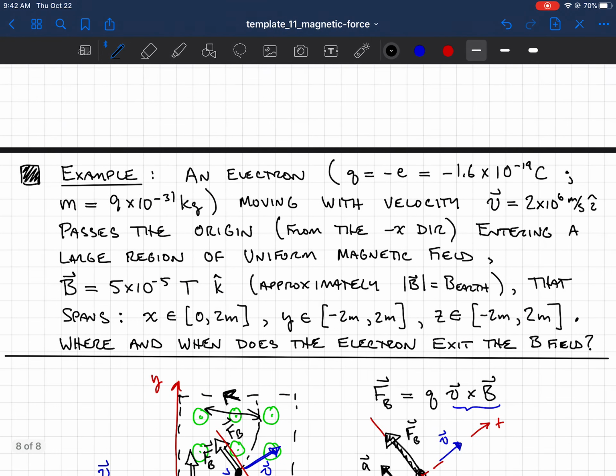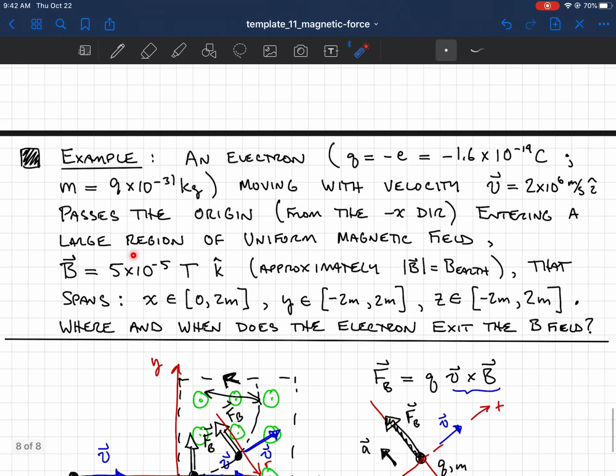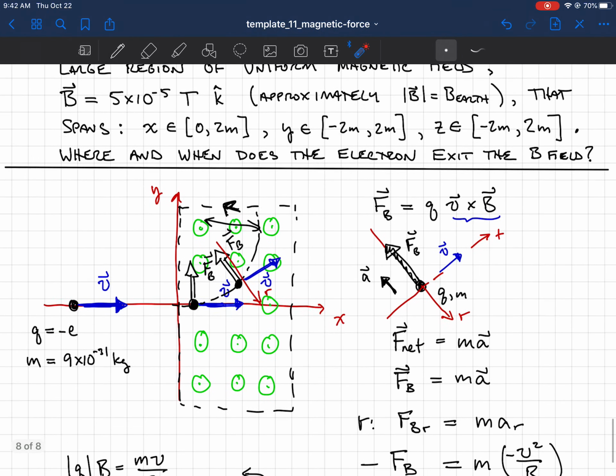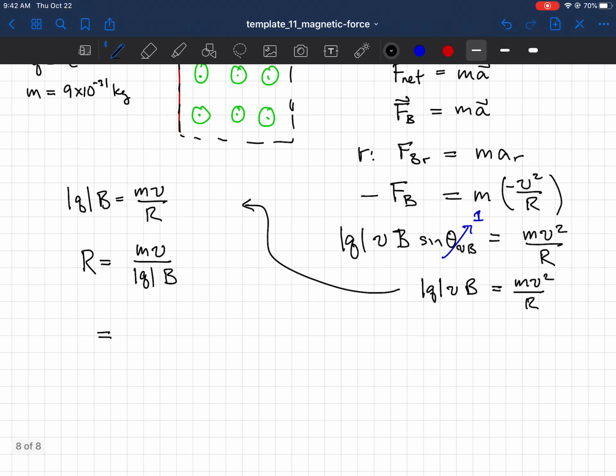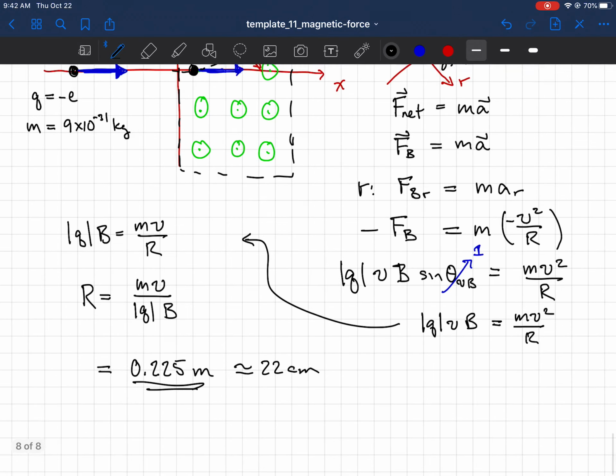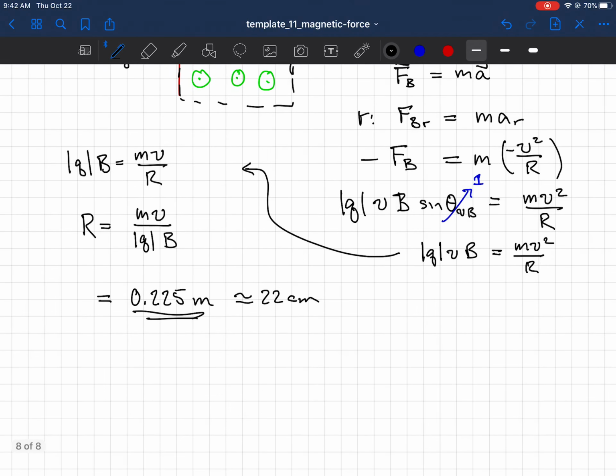V is, remember, 2 times 10 to the 6. And B is 5 times 10 to the minus 5. So if I write mv over qb, I find that it's equal to 0.225, and that's in SI units, meters. So that's 22 centimeters. So the radius of my circle is 22 centimeters.